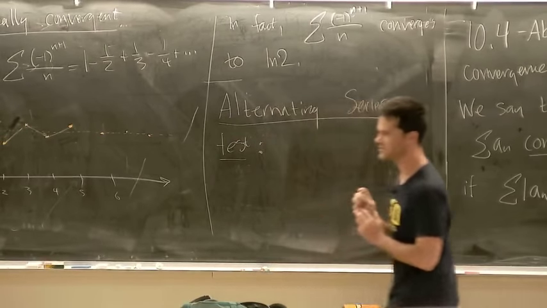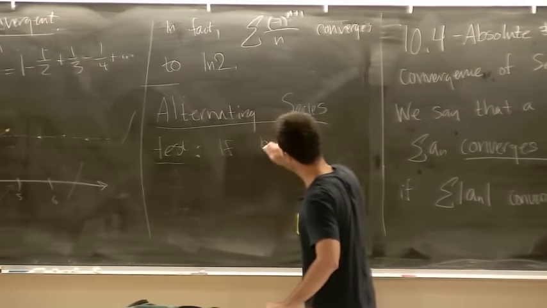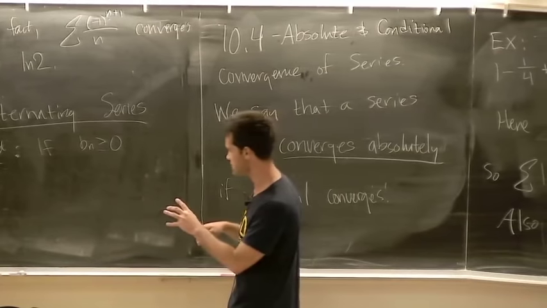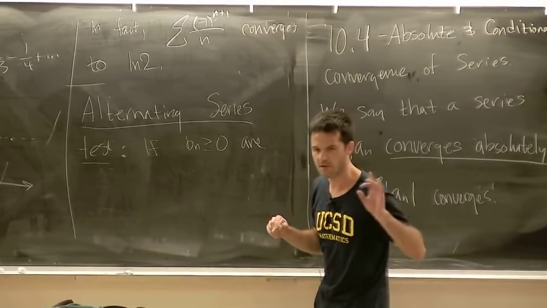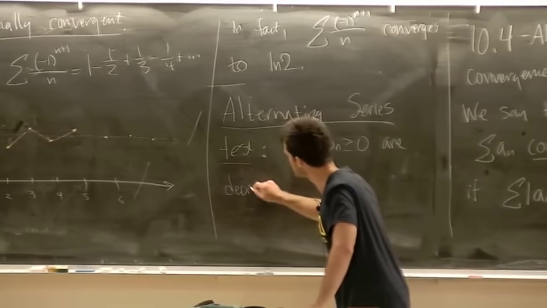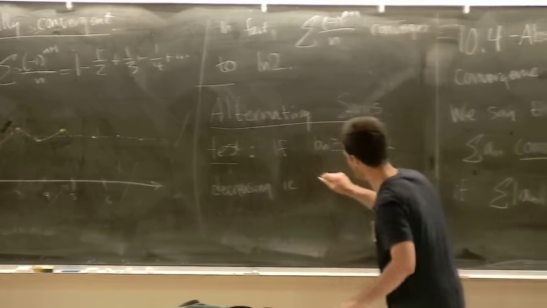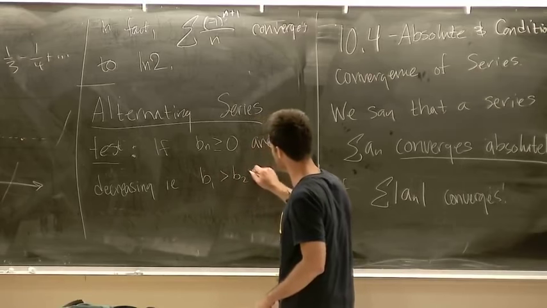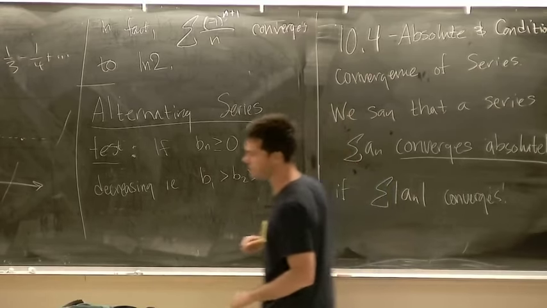Okay, so if Bn is a sequence of positive terms, but not only that, I need them to be decreasing. I need them to be getting smaller, i.e., B1 needs to be bigger than B2, needs to be bigger than B3, and so forth.